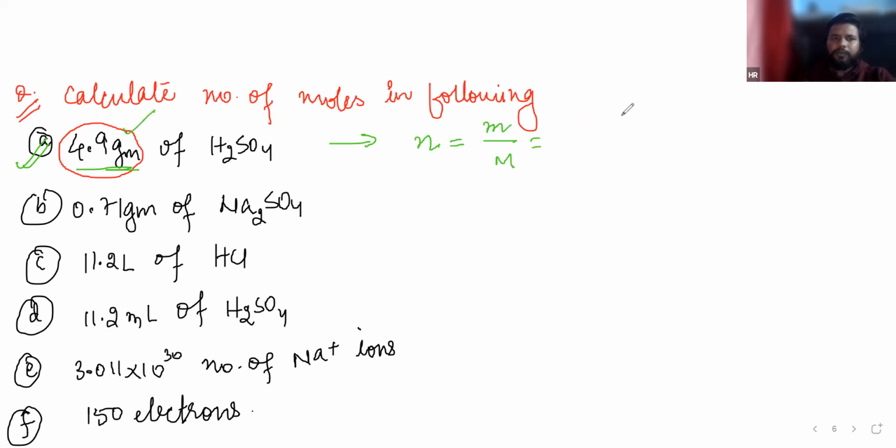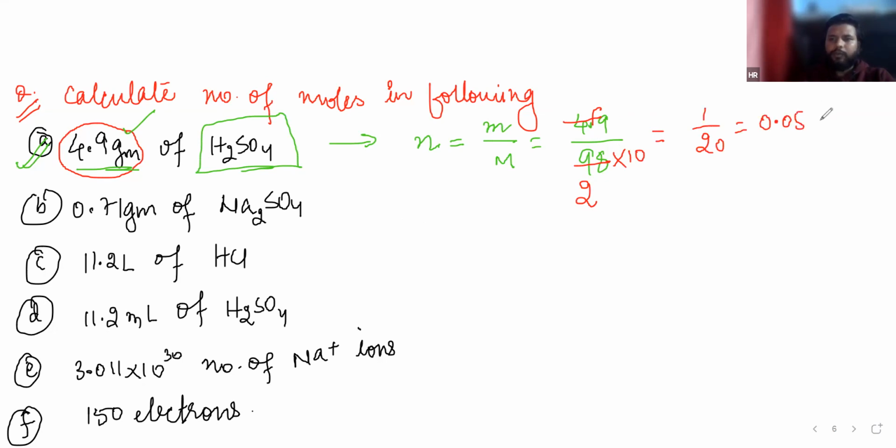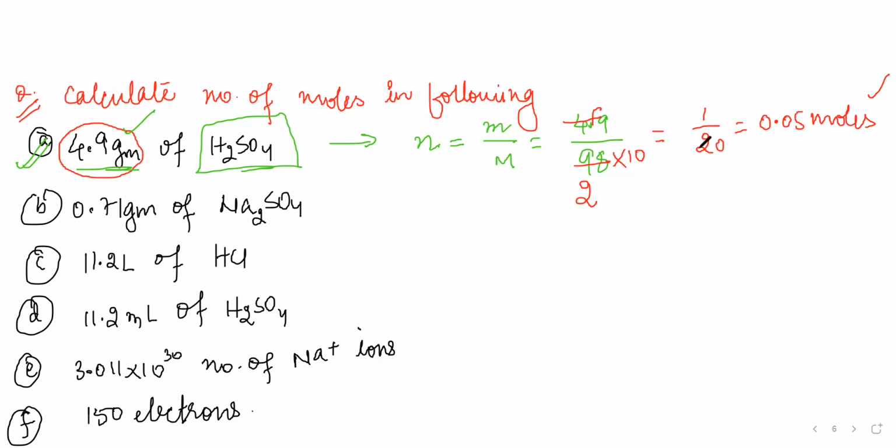What is the given mass? 4.9. And what is the molar mass of H2SO4? I have already calculated in the previous slide. That is 98. Just remove the decimal, 10 will be in the denominator and it will be cancelled by 2 times. 49 to the 98 and it will be 1 by 20, and then when we divide it, 0.05 moles. Aviva, got it? Yes, sir.